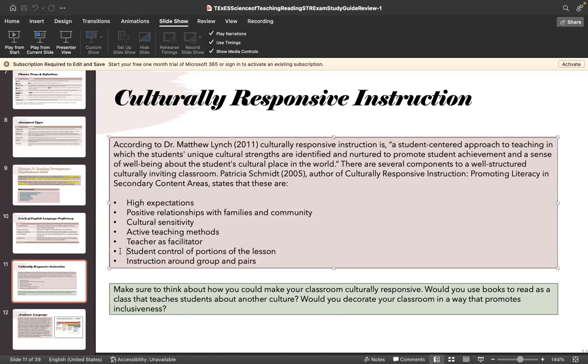This student control of portions of the lesson helps with interest, motivation. If I have a part in a play, man, I'm going to be ready for when my part comes up. I'm probably going to know the part before, the part after.